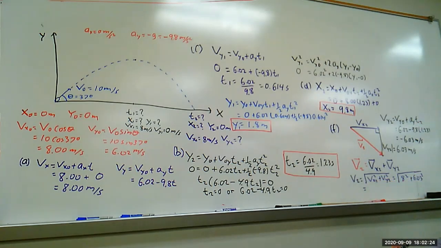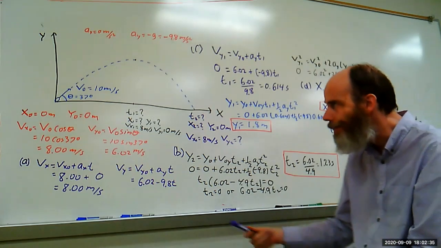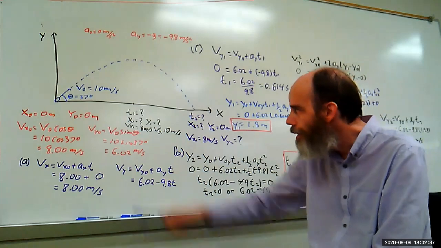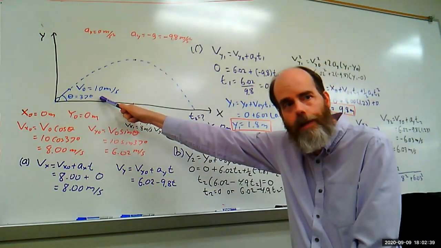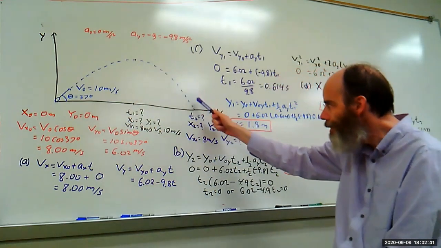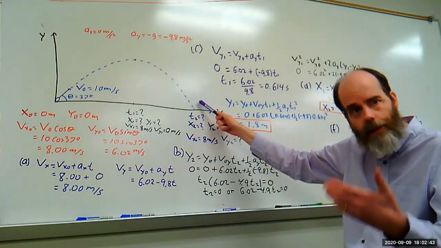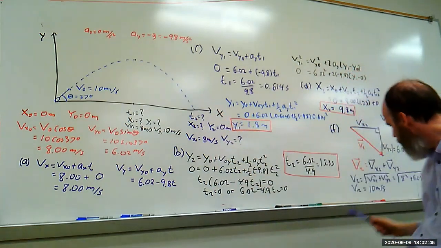And that comes out to be 10 meters per second. So V2 is 10 meters per second. So it left the ground at 10 meters per second. And when it came back to the ground, it was traveling also at 10 meters per second.